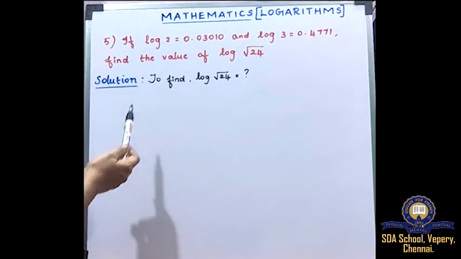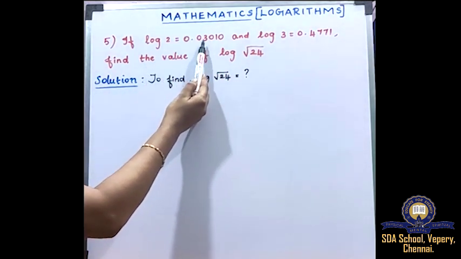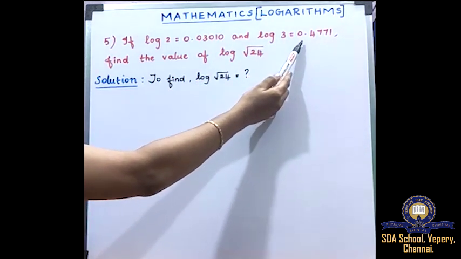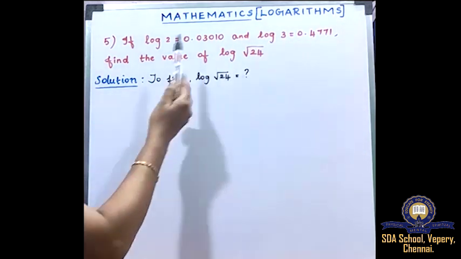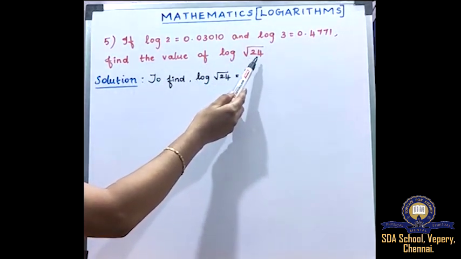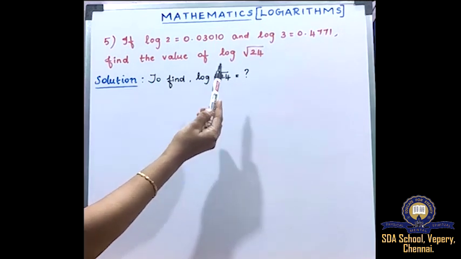So the fifth question is, if log 2 equals 0.3010 and log 3 equals 0.4771, find the value of log root 24. So here we need to find the value of log root 24. Okay.